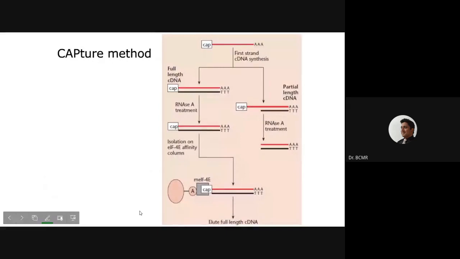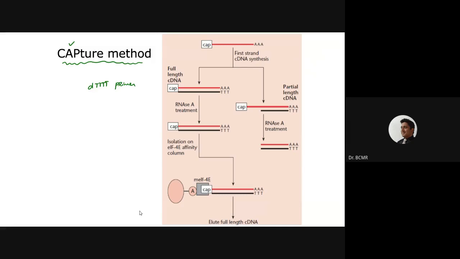So the first one is called the capture method. The name itself implies that we are basing this on the G cap. We are going to use two things. First, oligo dT, which is our primer.